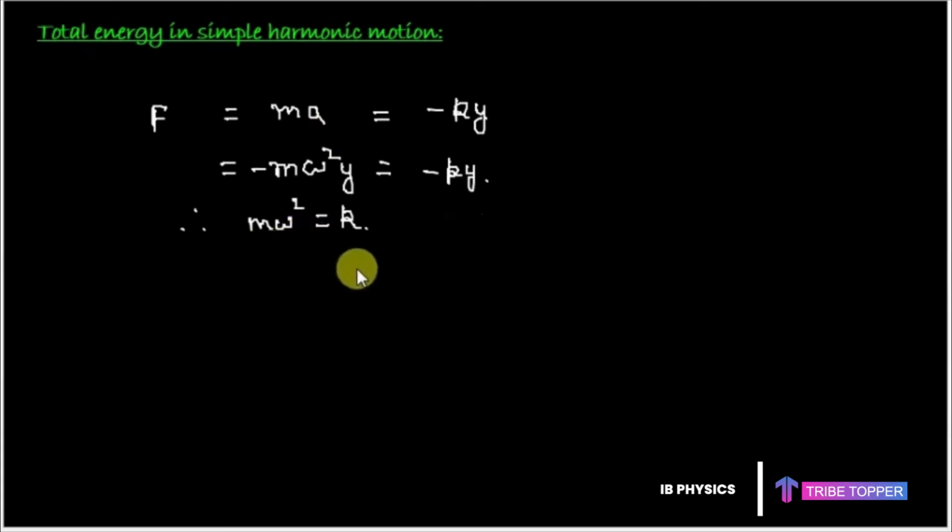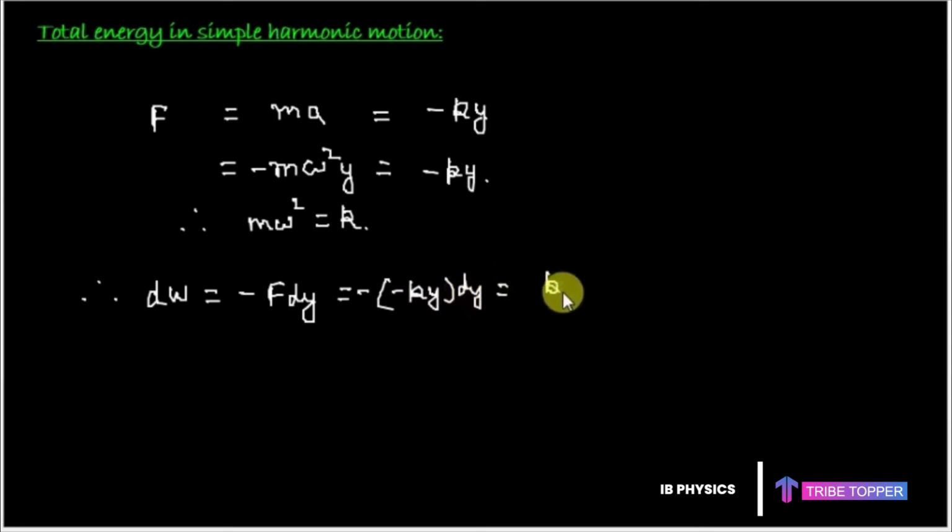The work done against this restoring force will give me the potential energy of the simple harmonic motion. Now if we say dw is the small amount of work done in displacing against the restoring force, that would be F dy, so the negative of negative ky dy gives me plus ky dy.